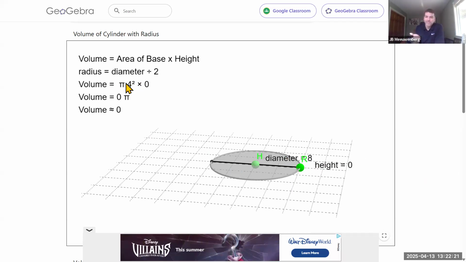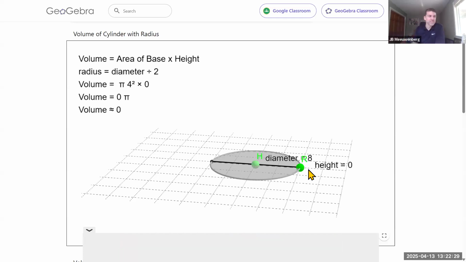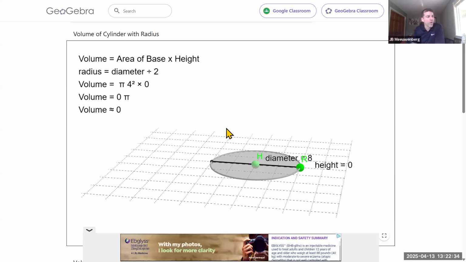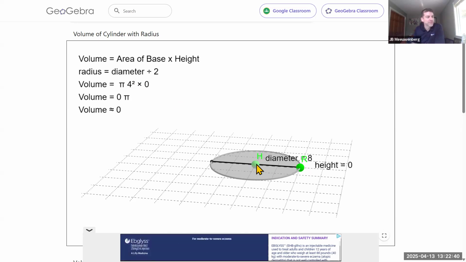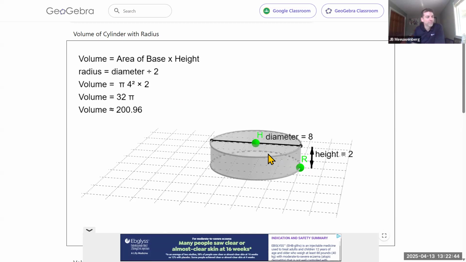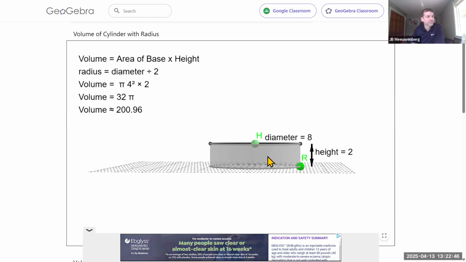But if we're going to want to find the volume of this cylinder, we are going to also multiply it by its height, just like we did with the prism. So here's where you can click and drag, and watch what happens right here in this formula. Pi times the radius squared. This is going to represent the height. So I'm going to just drag this up 1. It's not letting me drag it up 1.